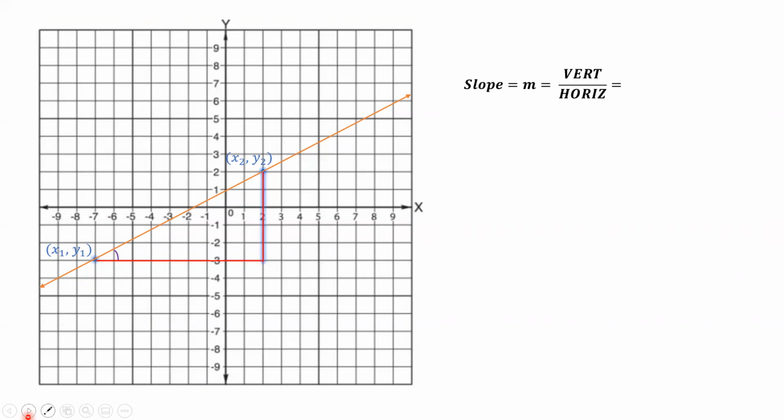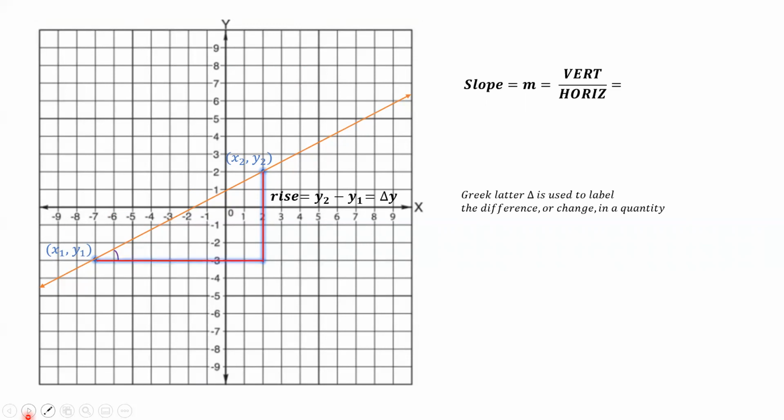Now, the vertical side, often referred to as a rise, is equal to the difference of the y coordinates, y sub 2 minus y sub 1, which we could label with delta. Delta is a Greek letter used to label the difference or change in the quantity. So y sub 2 minus y sub 1 could be simply presented as delta y.